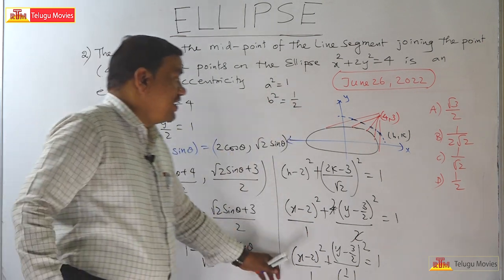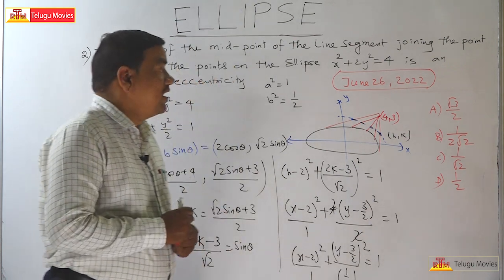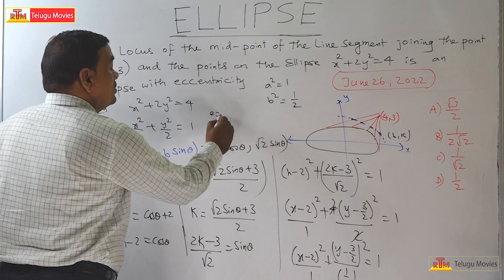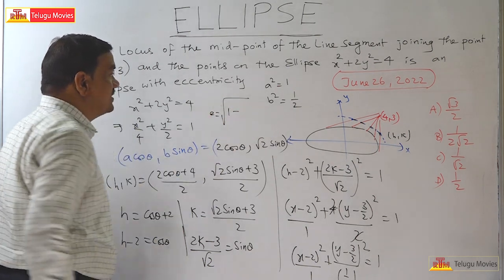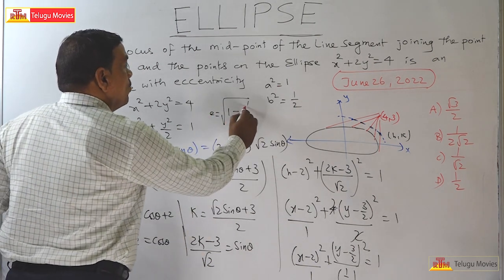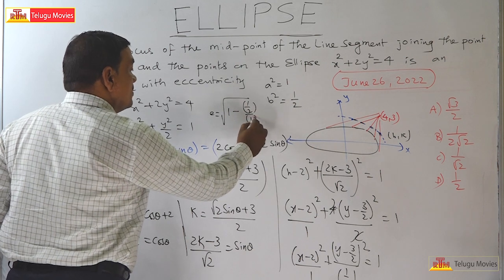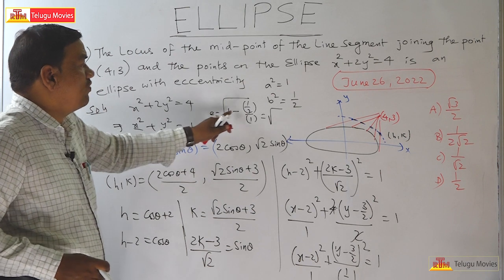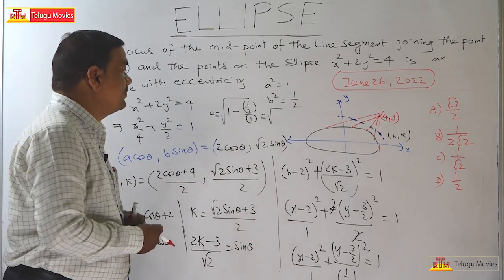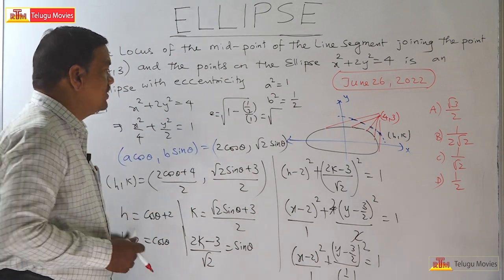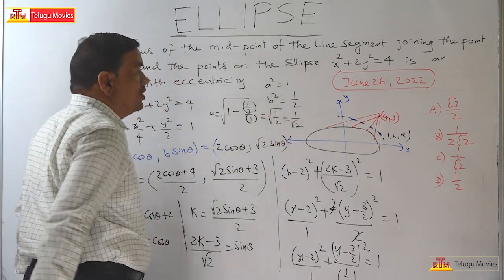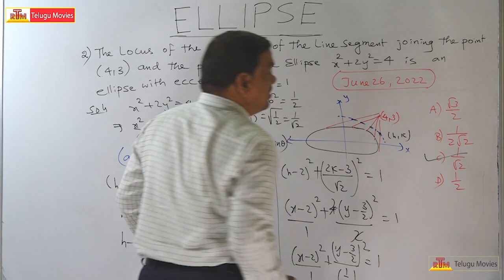Here a square is greater than b square, and therefore your eccentricity e is equal to square root of 1 minus b square by a square, that is square root of 1 minus 1 by 2, that is square root of 1 by 2, which is 1 by root 2. Therefore, option C is your right answer.